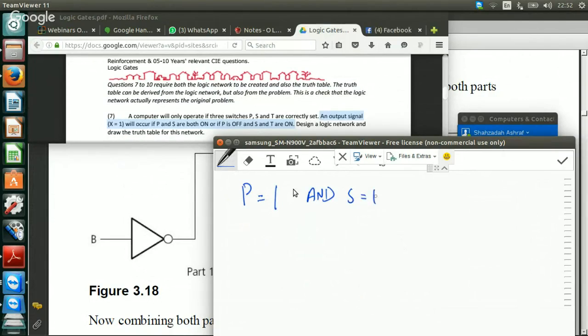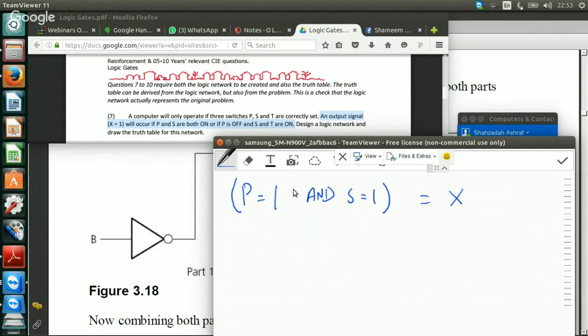All right. So this is the first condition. If P is 1 and S is 1, the alarm X will go on. X will be on. This is equal to 1, or you can call it this is equal to X. All right. The second condition now.